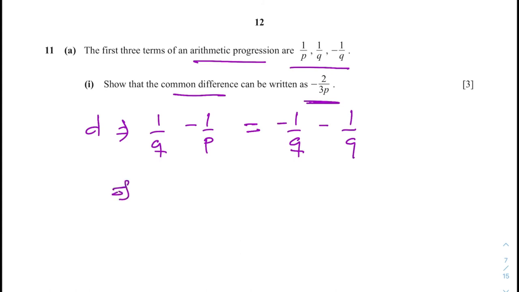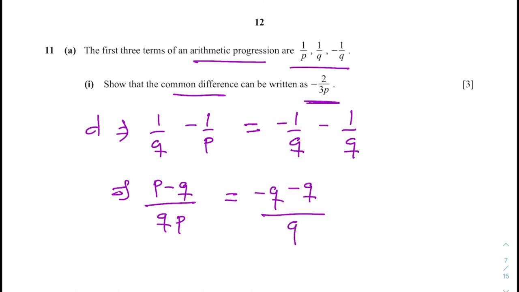So what is left is algebra. So we can have P minus Q over QP on the left-hand side. And on this one we are going to get negative Q minus negative Q over Q, or just Q squared.